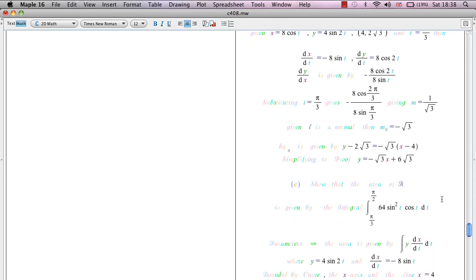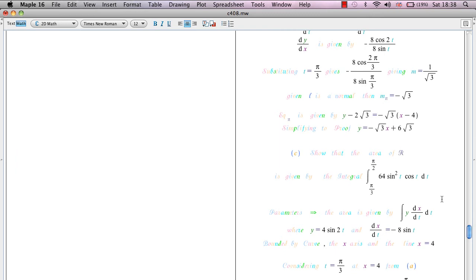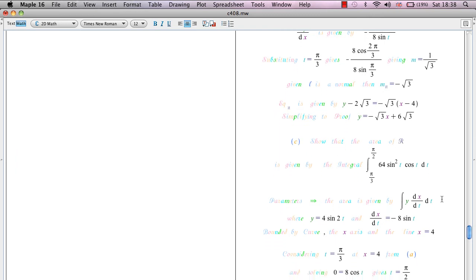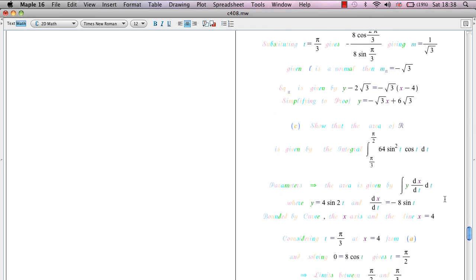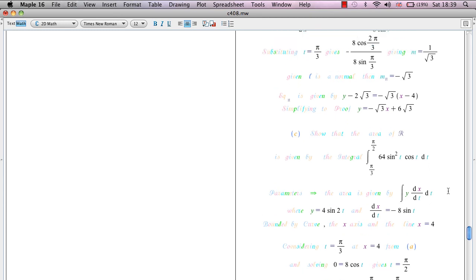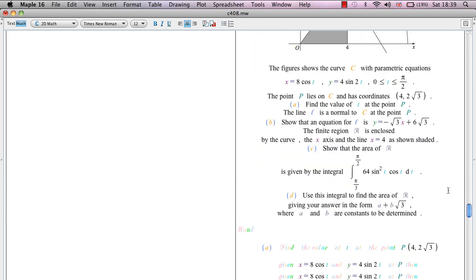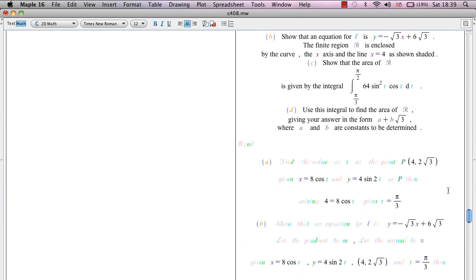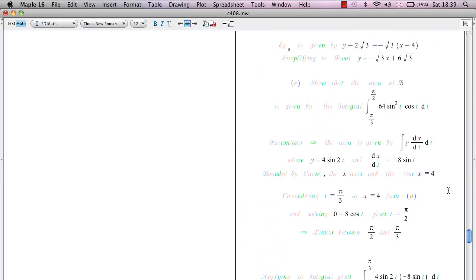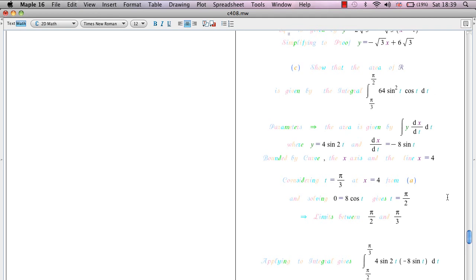So for the area of the shaded region at x equals 4, t is pi over 3, and considering 0, then solving 0 equals our x parameter gives t equals pi over 2, so limits pi over 2 and pi over 3.